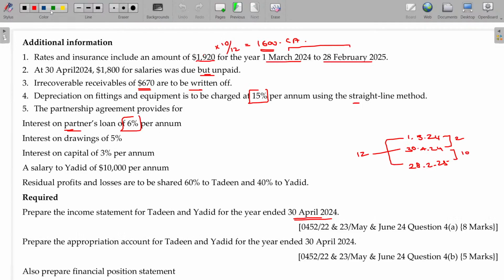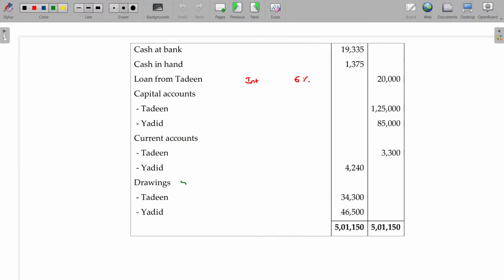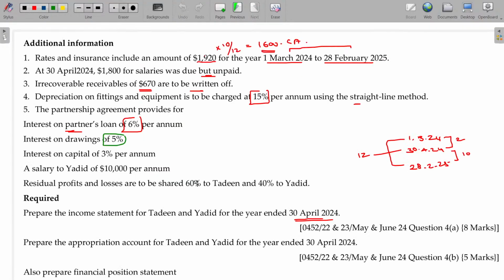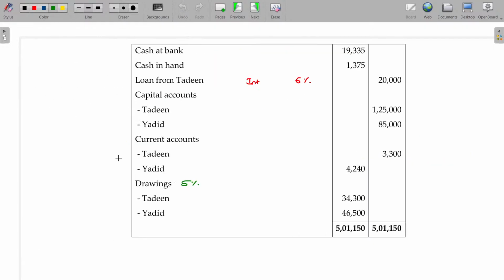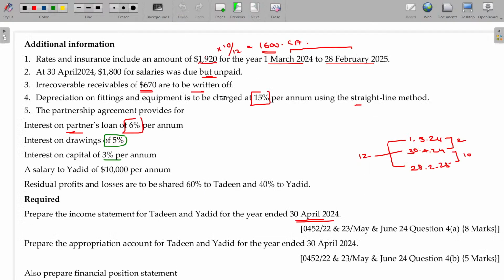Interest on drawings 5%. This is an appropriation item. So for the drawings 5% will be applicable. Interest on capital 3% will be applicable per annum.